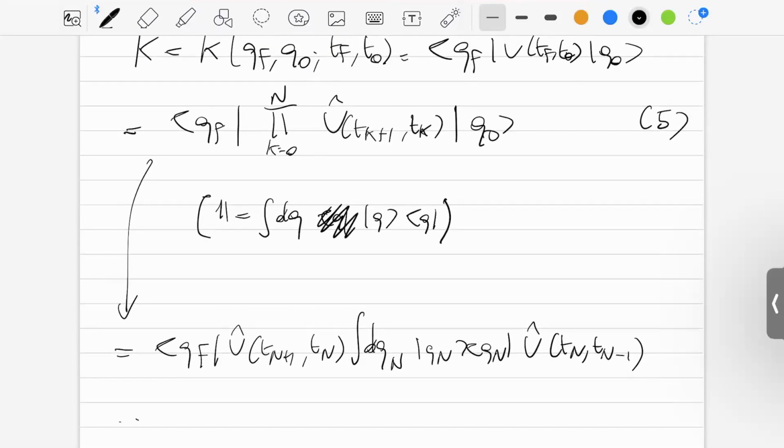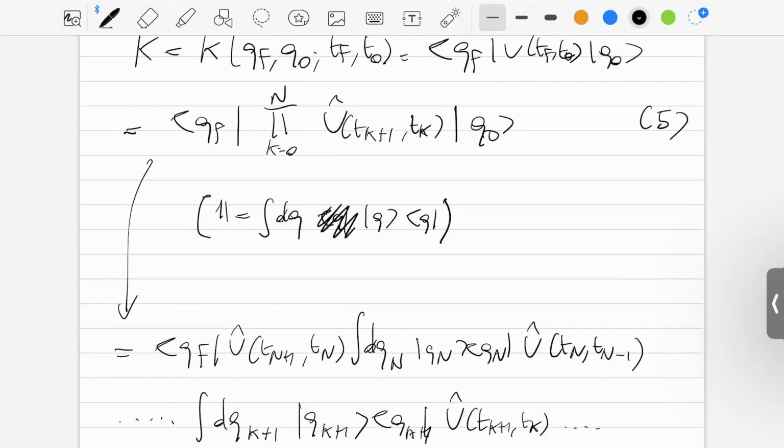Then we do the same with the integral over q_{k+1} of ket q_{k+1} bra q_{k+1} times U, and so on and so forth, up to the last one, which is the integral over q1 of ket q1 bra q1, and then U.